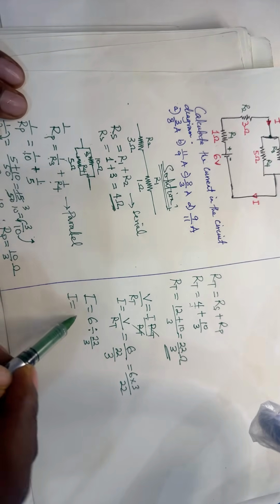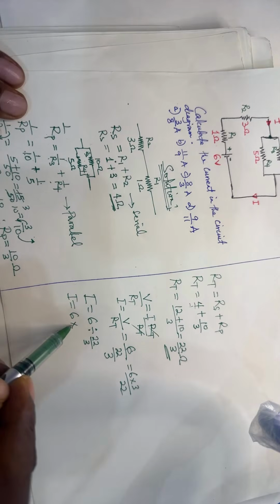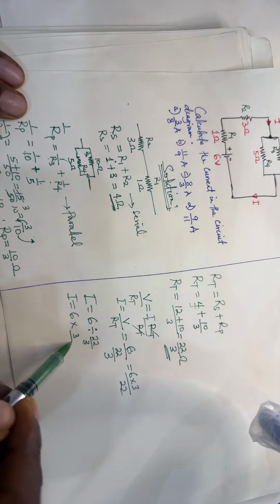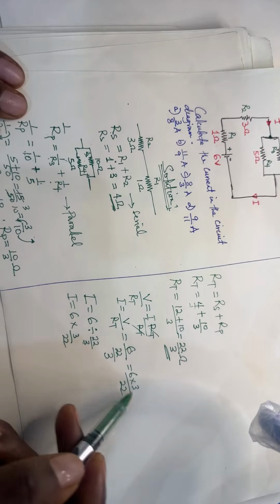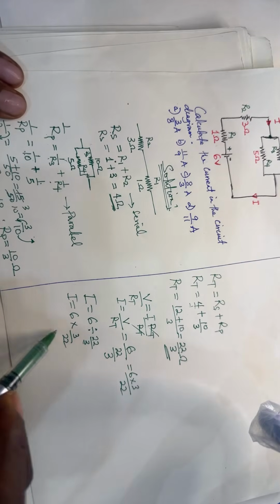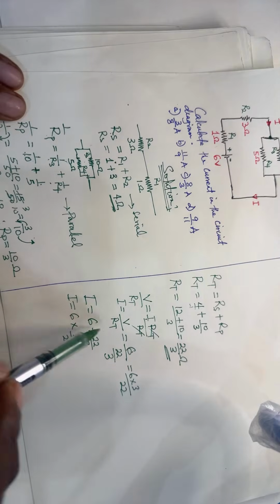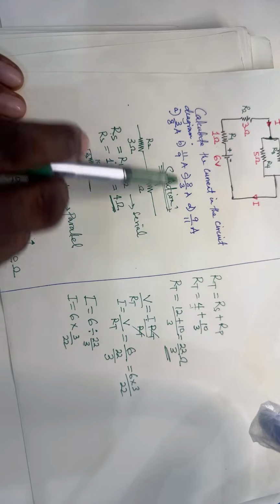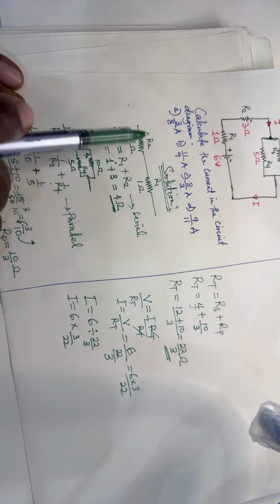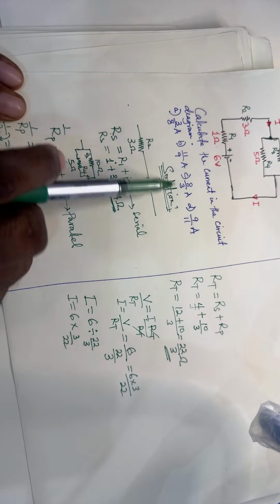I now will be equal to 6 times, change the division to times, then flip this one: 3 divided by 22. Now the same thing. You see am? So you can use reduction method or multiply through. But remember, your option must not be in decimal when you see decimal here.